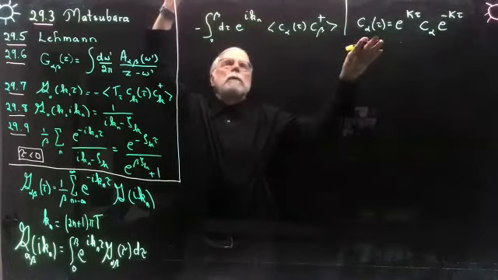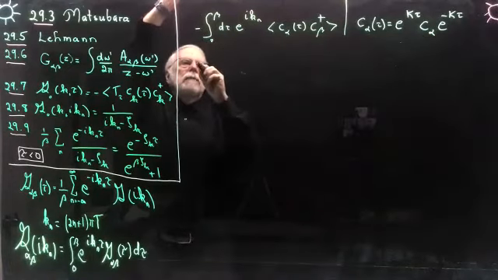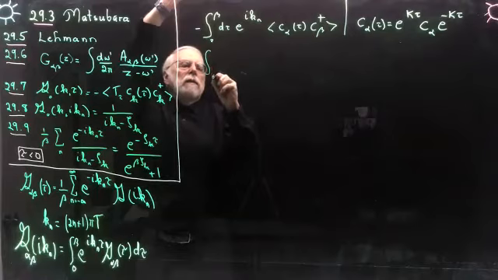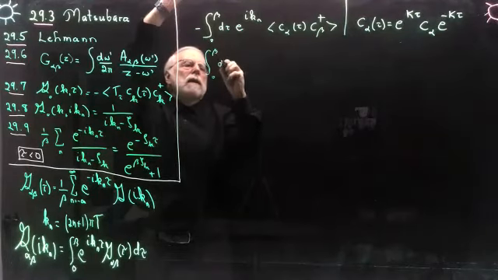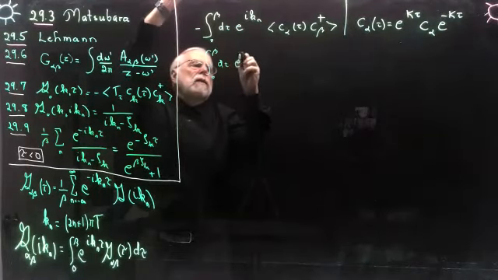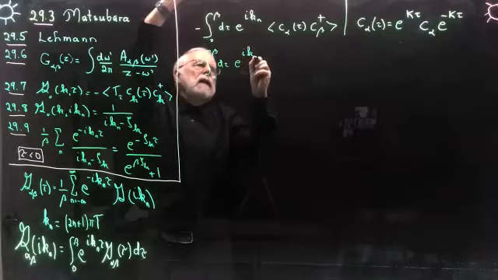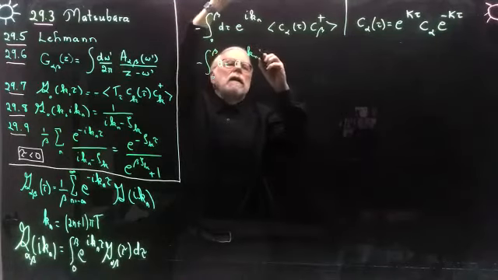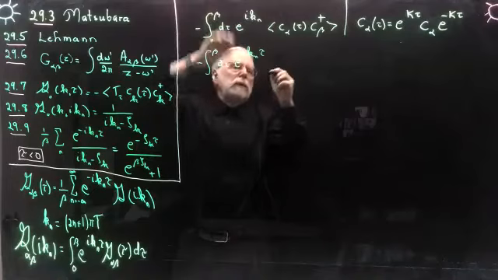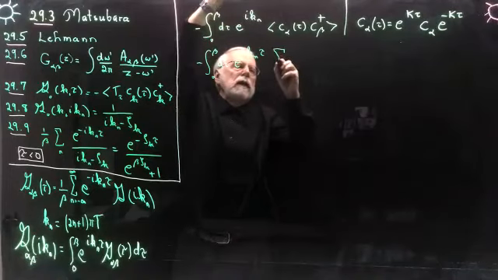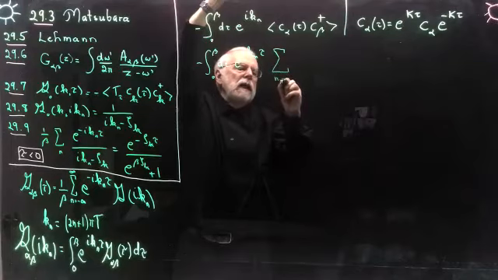So if I do this replacement here, I can rewrite this as minus integral from 0 to beta d tau e to the i k_n tau. Okay, now there's a possible confusion, but I think the context will be clear. I sum over n, m.